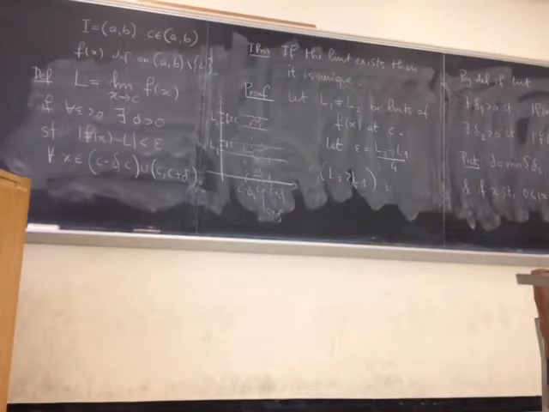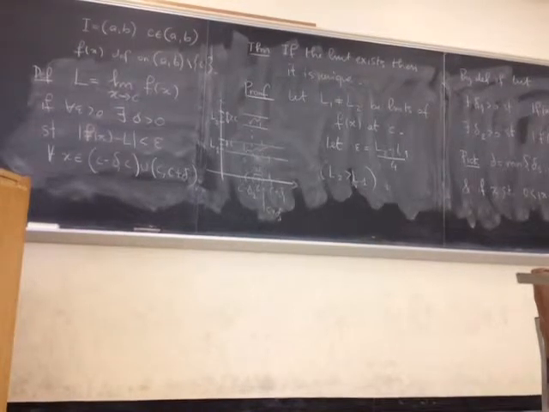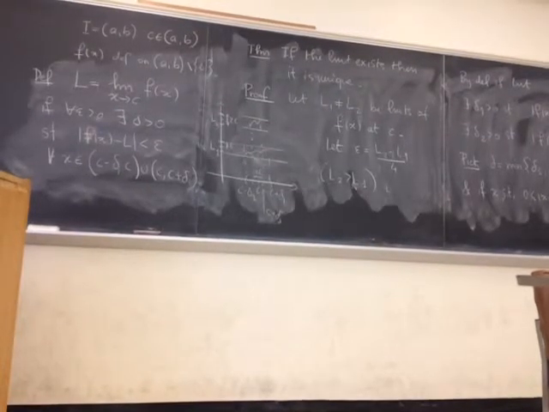But at the same time, it implies that f of x is larger than L2 minus epsilon, which is L2 minus (L2 minus L1) over 4.